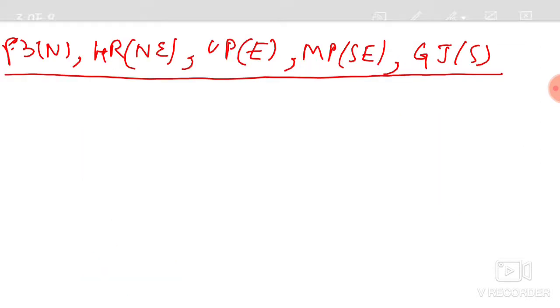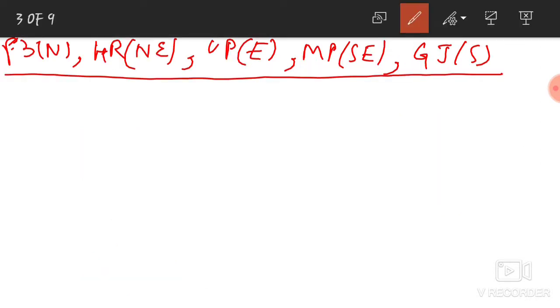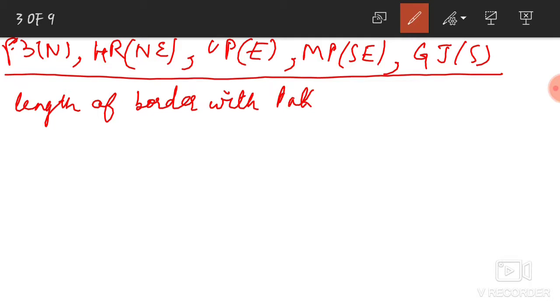The next most important fact is the length of the border with Pakistan. Total is around 1070 kilometers.